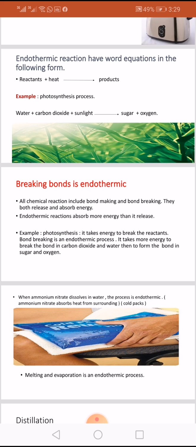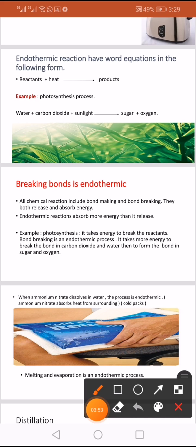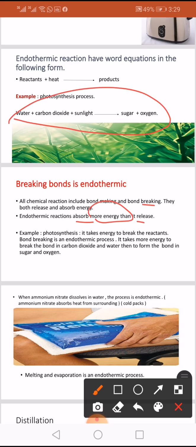Breaking bonds in an endothermic reaction. All chemical reactions include bond making and bond breaking. They both release and absorb energy. An endothermic reaction absorbs more energy than it releases, like the example of photosynthesis or of toast or bread.